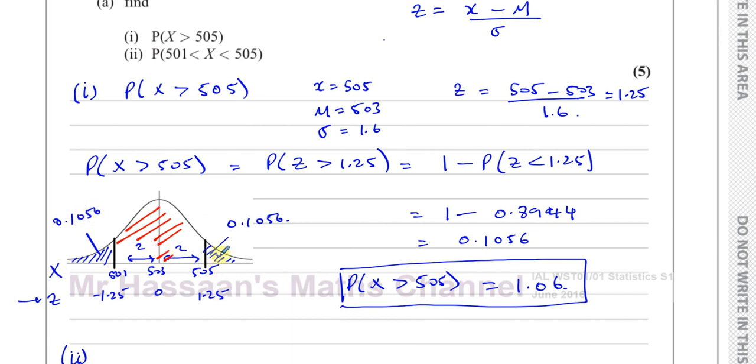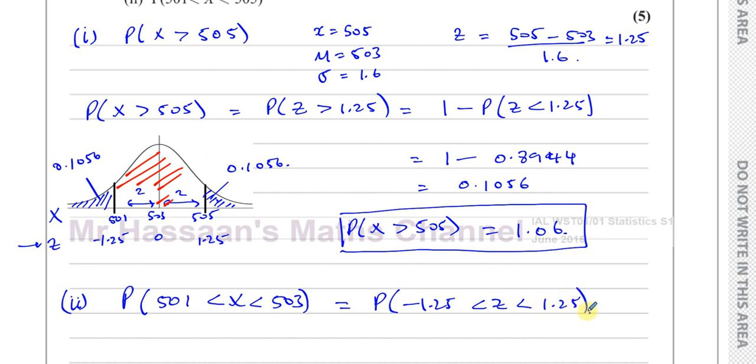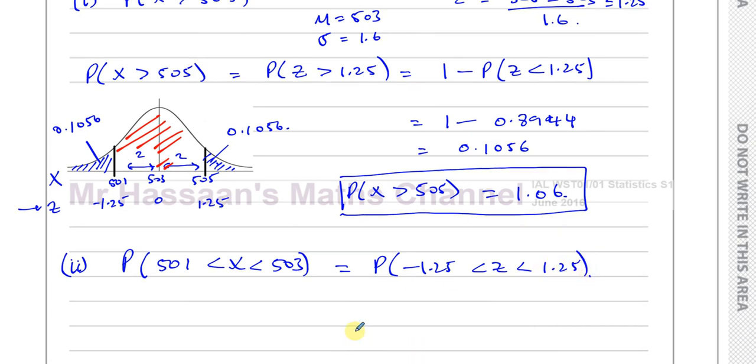Those two areas are the same. And if the total area is equal to 1, we can just straight away use the symmetry: the probability that x is between 501 and 505 is the same as the probability that z is between minus 1.25 and 1.25.